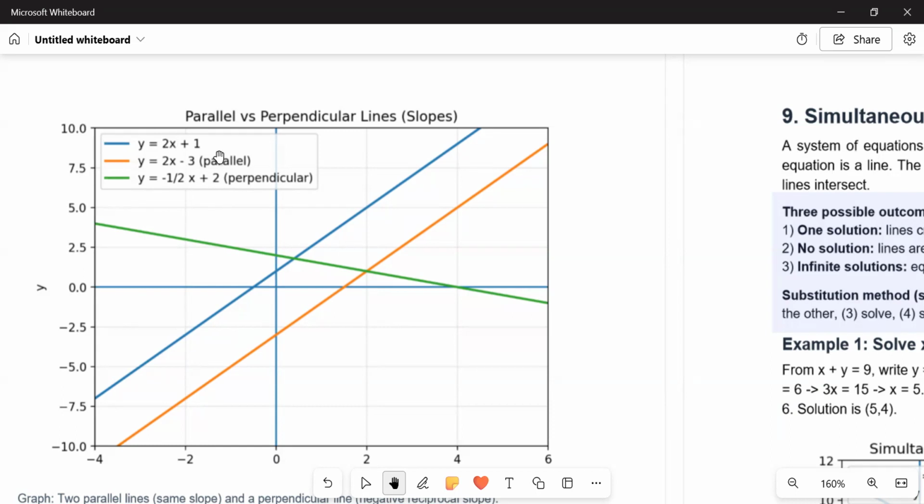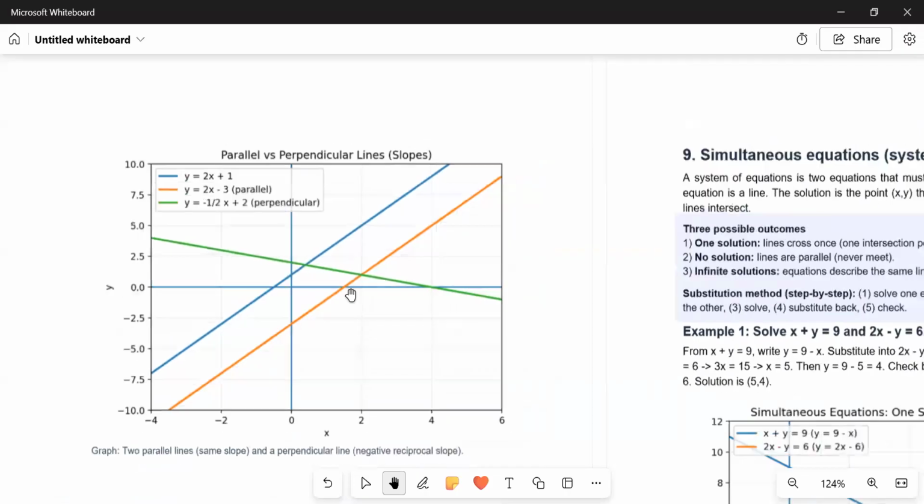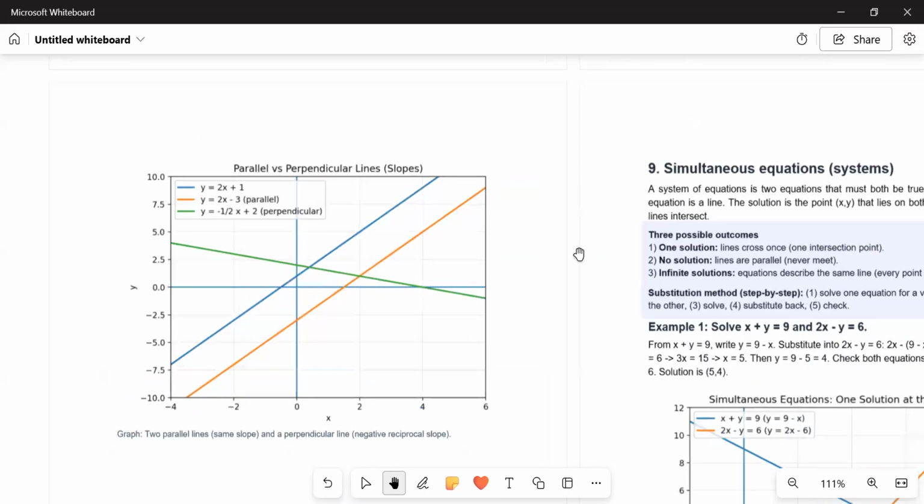Okay, and if you plot the graphs, you'll see straight lines. Although this line does not look perpendicular to the original line, which is 2x plus 1, for a line to be perpendicular to another line, it needs to create a 90-degree angle at the intersecting point. So it's a flaw from my end, but they are perpendicular.